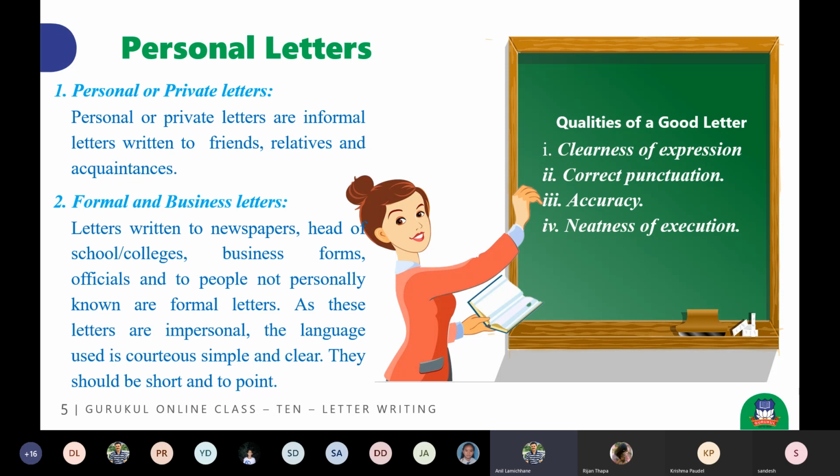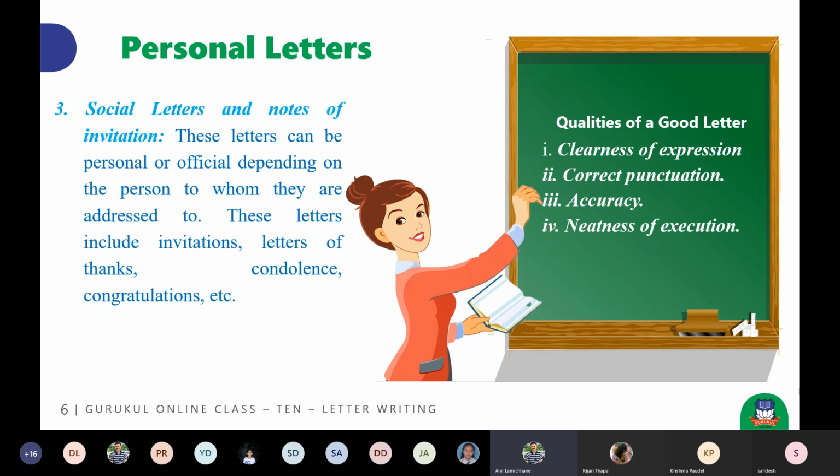Okay, we'll be going to the next one. Number three, social letters and notes of invitation. Social letters and some invitation notes are also taken as letters. These letters can be personal or official depending on the person to whom they are addressed.